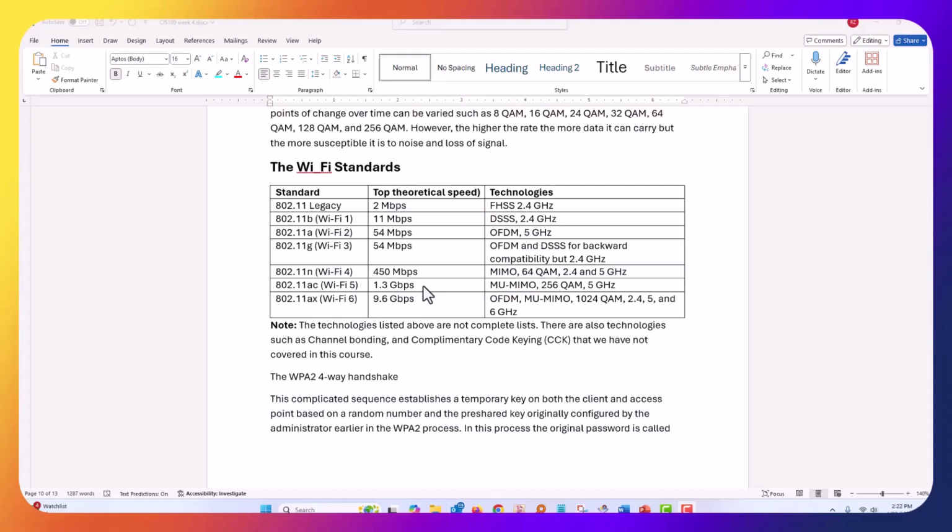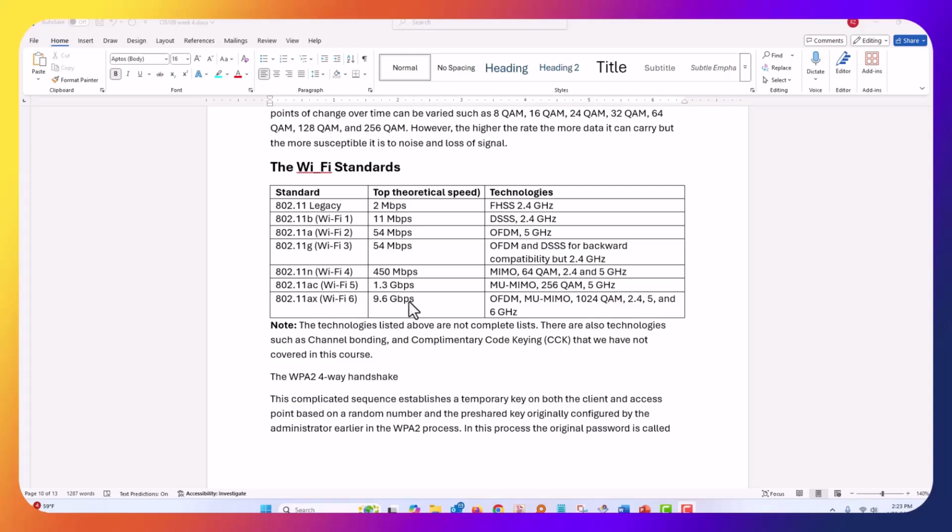AC was next, and most of us are on AC today. 1.3 gigabits per second. I should mention that these are all theoretical speeds. You don't actually get these speeds. They are under perfect theoretical conditions that you should be able to get them if you do it mathematically. Nobody actually gets those speeds. But it uses MU-MIMO and 256 QAM and 5 gigahertz.